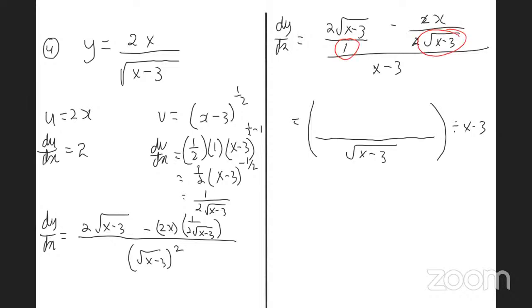This multiplied by this, and then this multiplied by that, and then 1 multiplied by that. Okay? And put the minus sign in the middle. So you'll get 2 by x minus 3, root x minus 3, by root x minus 3 minus x.